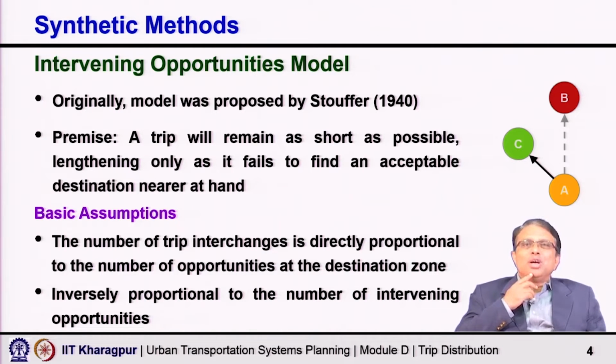That means, suppose you are getting settled in the 5th suburban station from the CBD. What will be the probability or chance that you will settle down in the 5th suburban station? That will be inversely proportional to the number of opportunities in between.